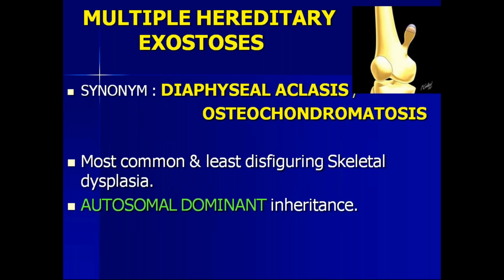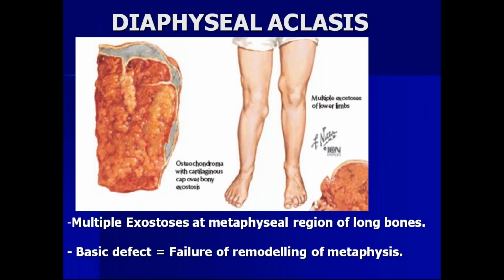They are autosomal dominant in inheritance. The patient will come with small bumps around the knee or in the proximal shoulder. So you have to also ask for family history. Usually the father also will have similar lesions. They can present even in the spine or any part of the body, but usually more common in the knee region and shoulder region.